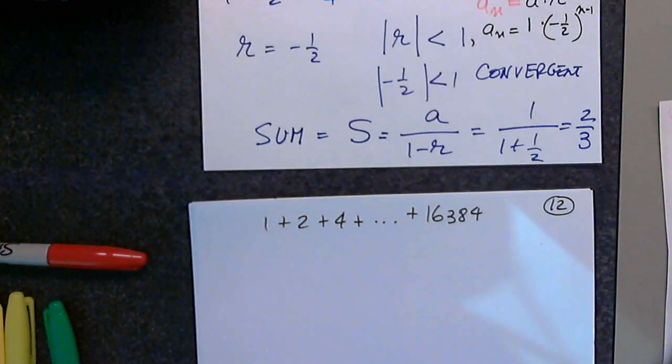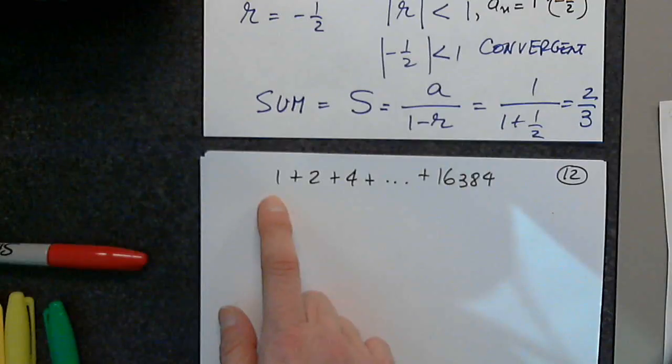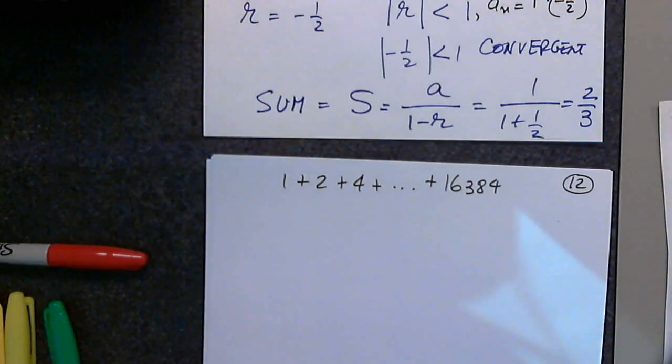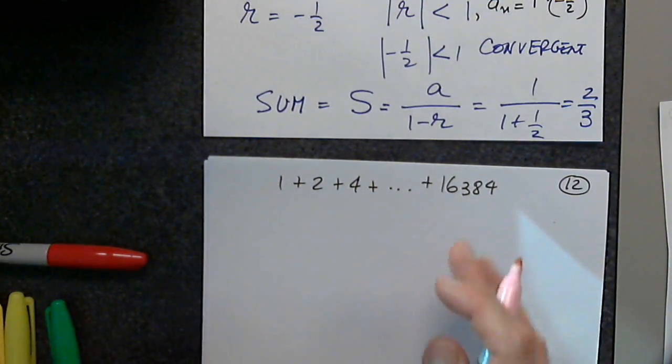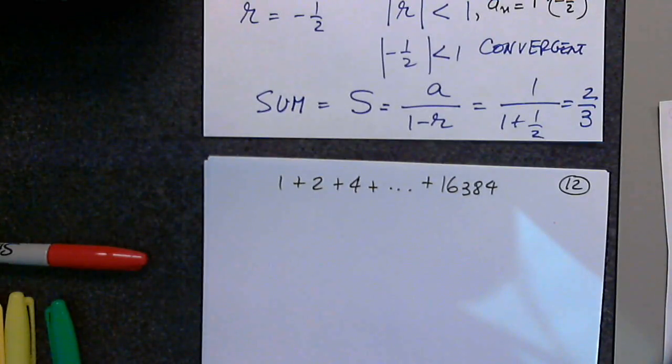It's a finite sequence, right? It starts with 1 and it ends with this. That's my first thing. If I want to determine the sum and this is geometric, because if it's not geometric, I cannot use that formula for geometric, okay?